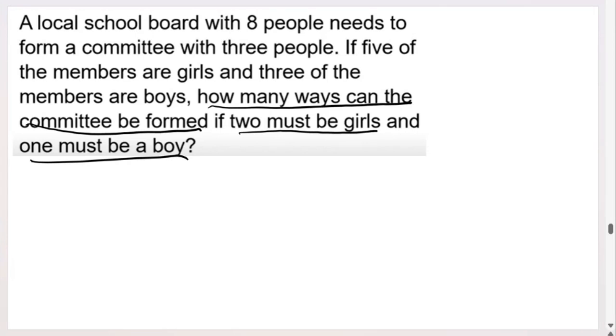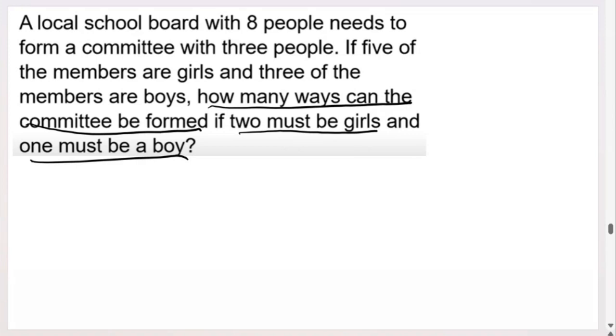However, there are 2 variables here. Remember in the previous example, there was no variable. It was just the people. But here we've got 2 variables.